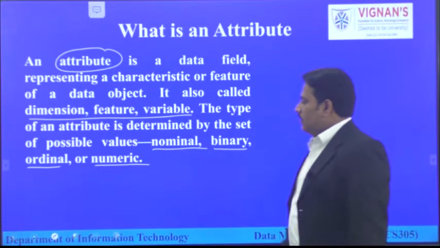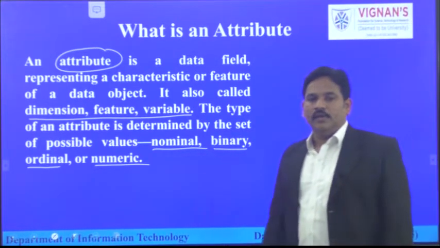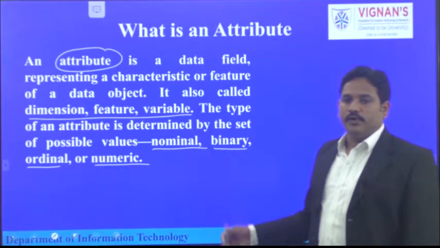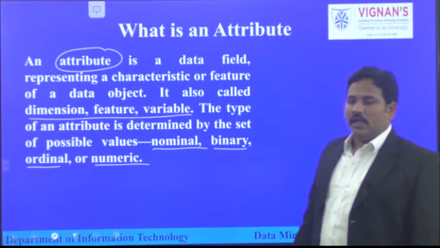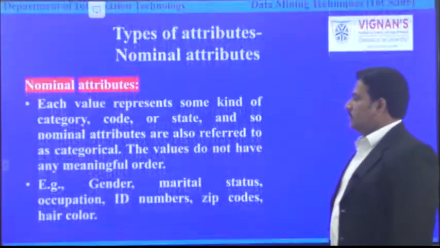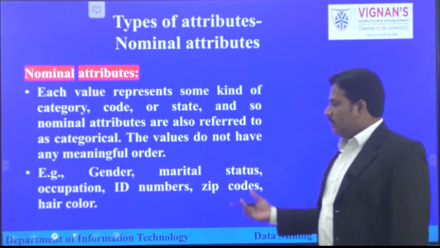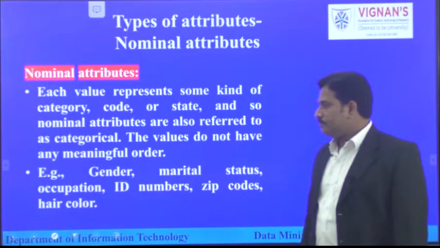These are the four commonly used types of value that are stored using an attribute. We will see each type of attribute with suitable examples.